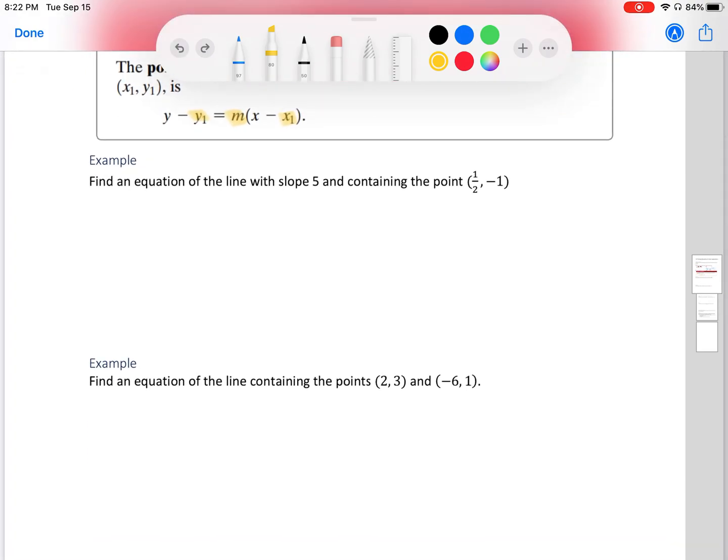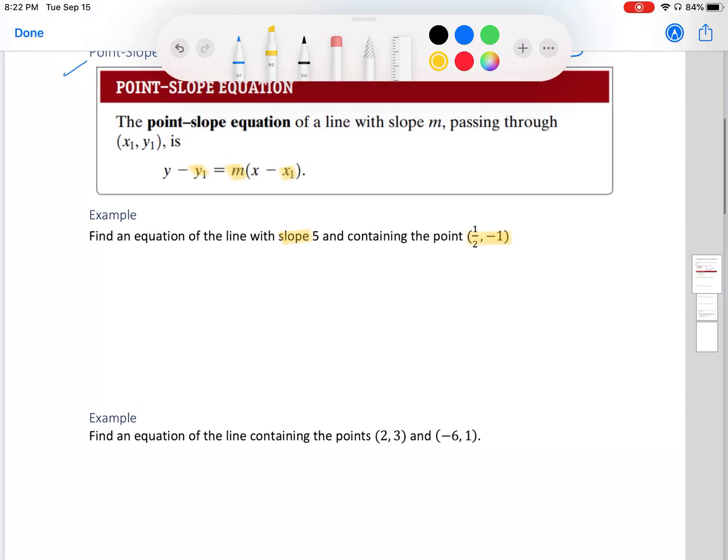Example, find the equation of a line with slope of 5 containing the point (1/2, negative 1). Well, we just learned of an equation that will help us do that right above. We have y minus y1 is equal to m times x minus x1. We have our slope, our m of 5, and we have our point, our x1, y1.